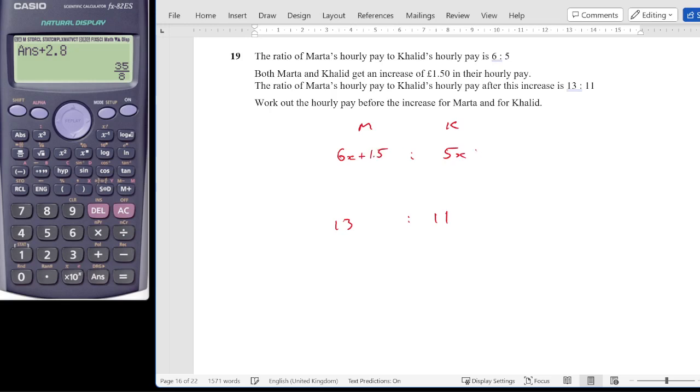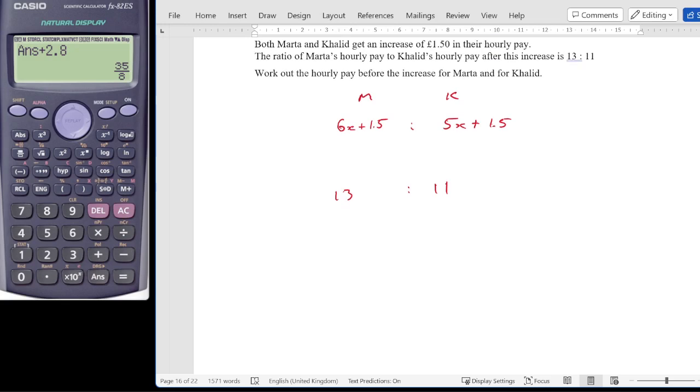So those ratios would be equivalent to 13:11. So I can kind of do it however I want, I believe. Yeah, that would work.